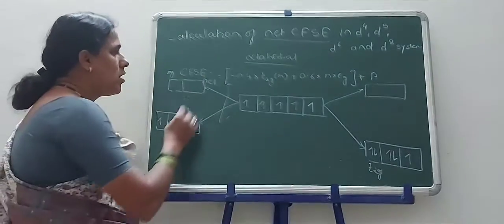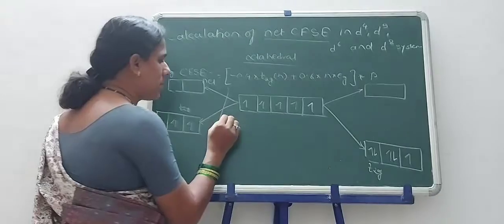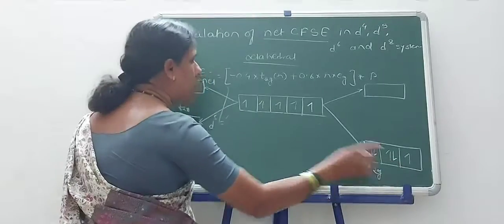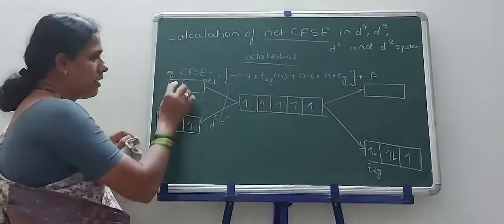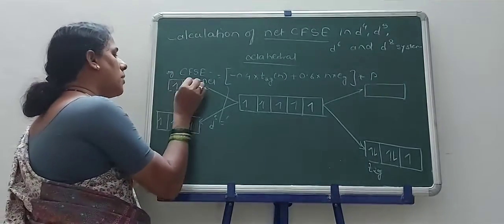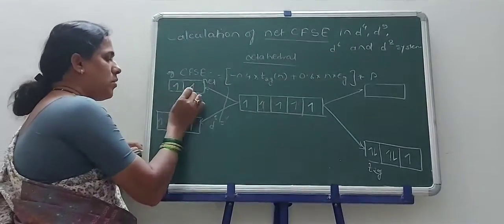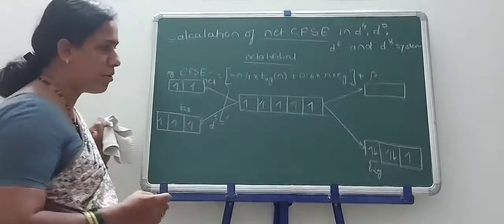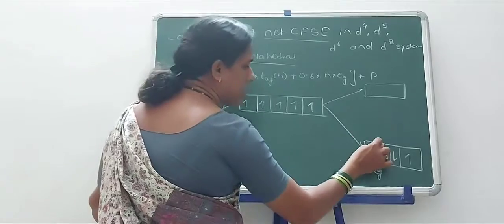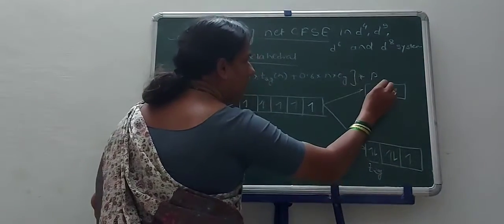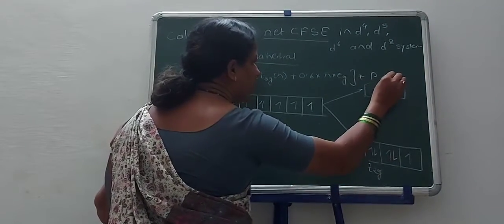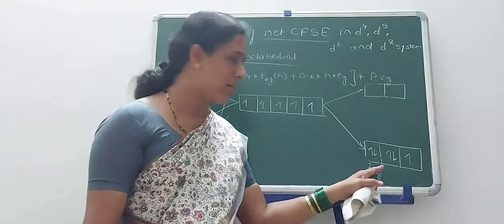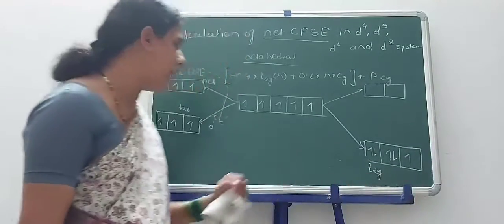That is in the case of a low spin complex, with electrons 1, 2, 3, 4, 5. In high spin, 1, 2, 3, 4 and 5. Due to the small energy gap, an electron can enter the higher energy orbital, but due to the large energy gap, an electron cannot enter the Eg orbitals. That is why the pairing of electrons starts from the lower energy level.